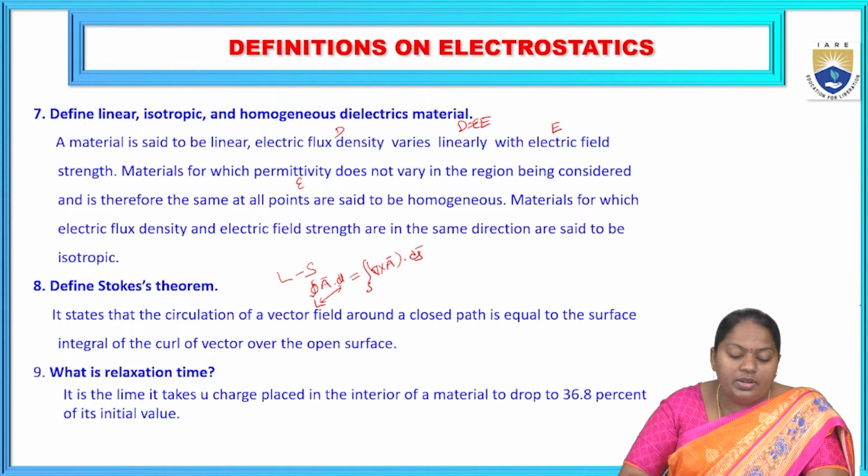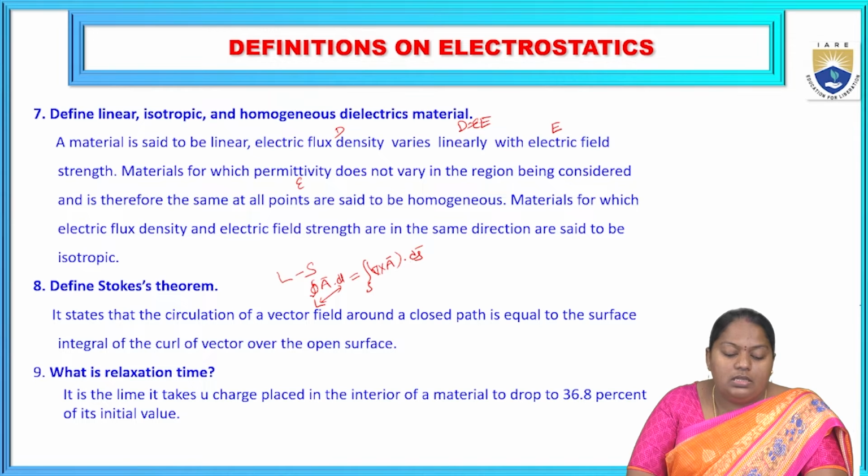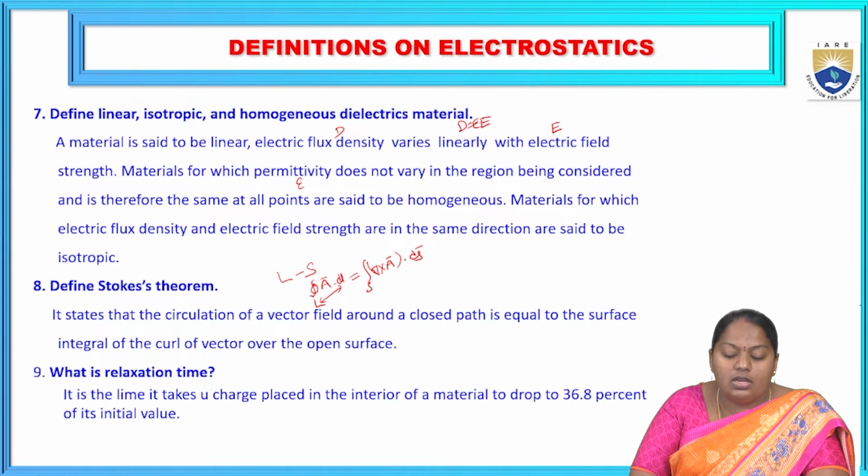According to the definition of Stokes theorem, it gives the relationship between line and surface integrals, and the mathematical statement is the closed line integral over L of A dot dl equal to the integral over S of del cross A dot dS.